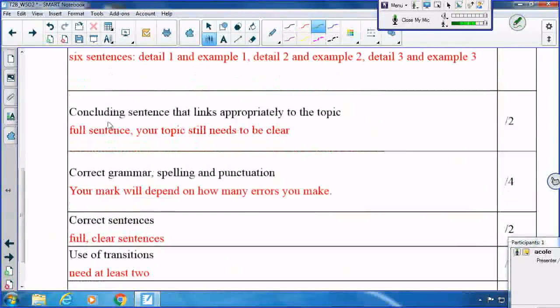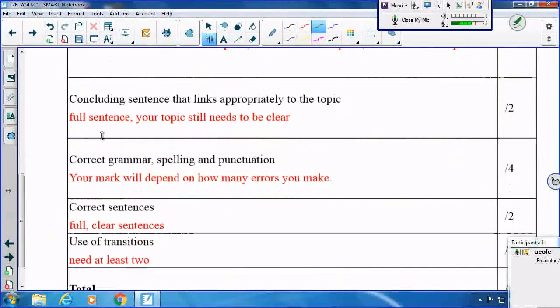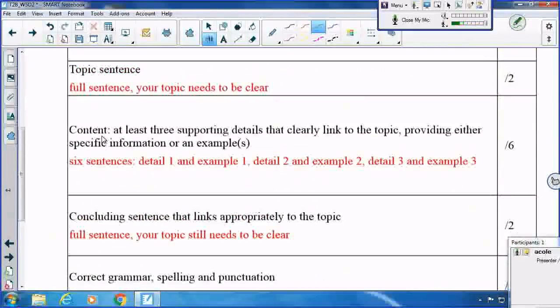So just like with your topic sentence, you need a full sentence and your topic still needs to be clear. So let's say that you started off your topic sentence and you said Christmas is the best time of year. And then at the end, this is an example of where the concluding sentence would not work. But in the end, instead of mentioning Christmas again, you decided to say, this is why I love Thanksgiving.